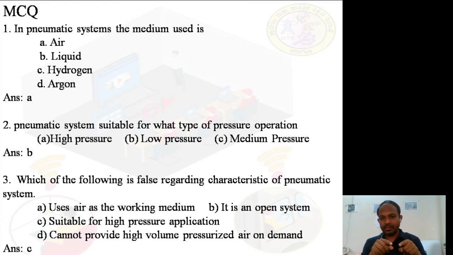Whereas in the pneumatic system, it takes air from the atmosphere and releases it to the atmosphere. So it is an open system. It is true. Then, it is suitable for high pressure applications. No, we just told you it is not suitable for high pressure. So C is false. And it cannot provide high volume pressurized air on demand. No, it can produce it. Okay.